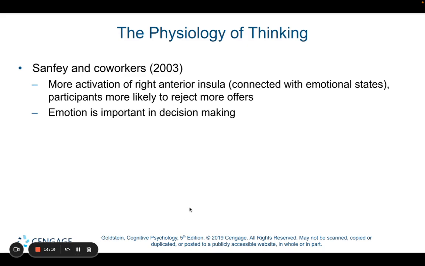We also have Sanfey and coworkers, who did a study in 2003, which says that more activation of the right anterior insula, which is connected to our emotional states, caused participants to be more likely to reject offers. So we know that emotions are important in decision making, and that's why people are often persuaded using emotional appeals.